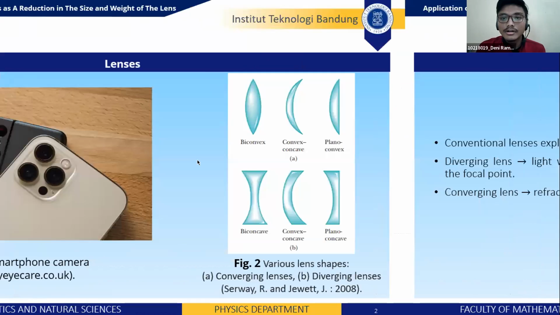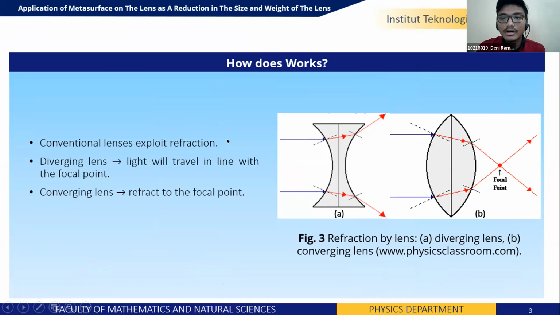How does it work? Conventional lenses exploit refraction to manipulate light. In a diverging lens, any incident rays traveling parallel to the principal axis of the lens will refract through the lens and will travel in line with the focal point.